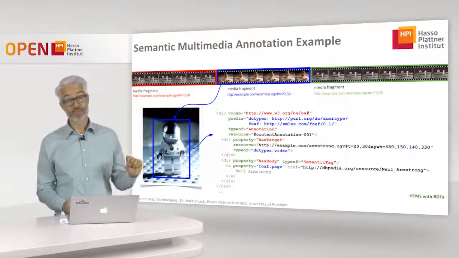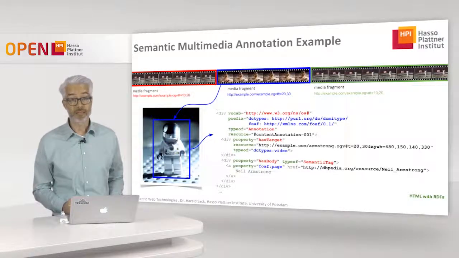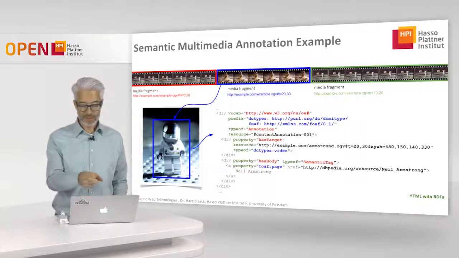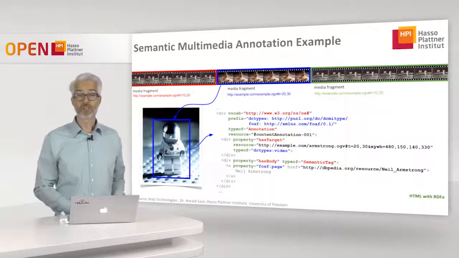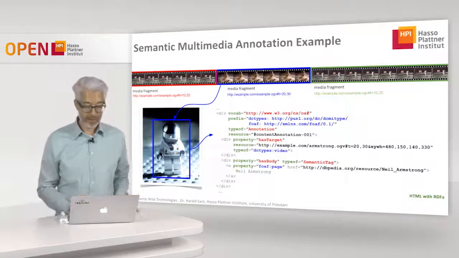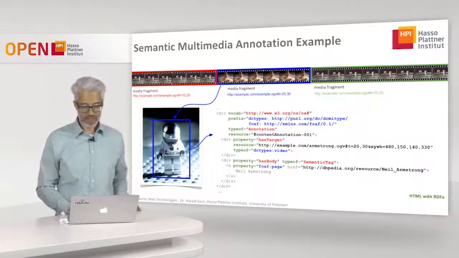This is important because this is then again the source that I want to annotate with the help of my open annotation ontology. And you see it here in the gray document. Here you see the open annotation ontology used in an RDFa annotation for an HTML document. We are using a vocabulary, which is the open annotation vocabulary.